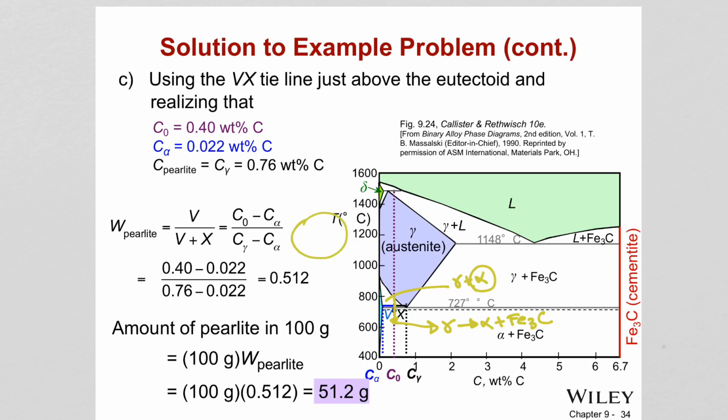If you remember, we have alpha here like this, and the lamellar structure, which is formed from gamma. So this formed from gamma to ferrite structure and cementite and ferrite, and this was the alpha.